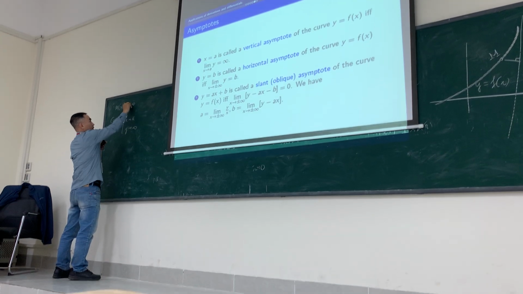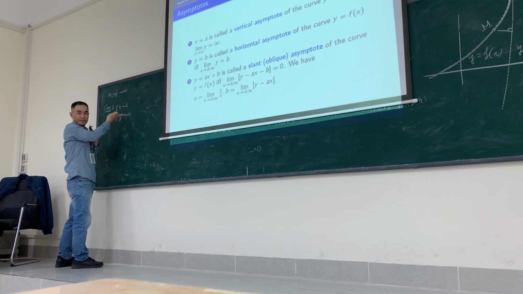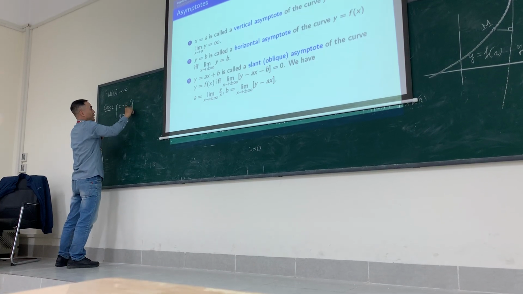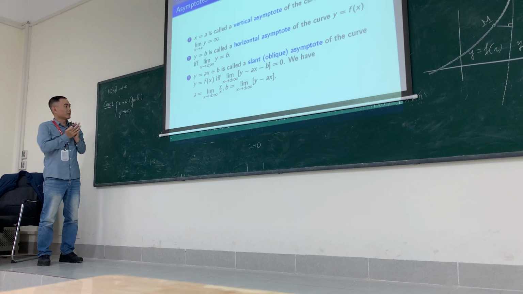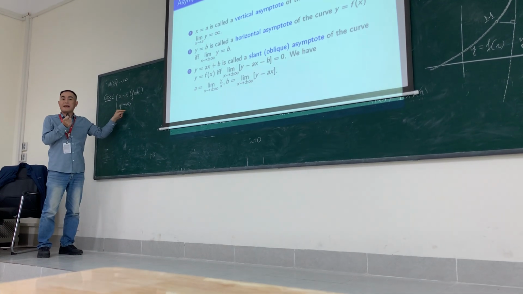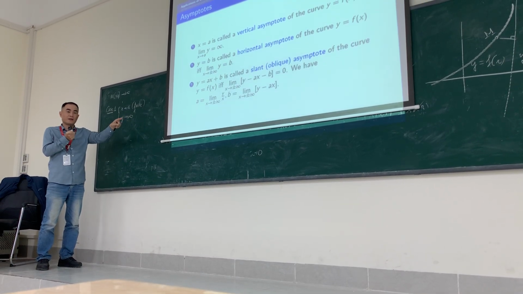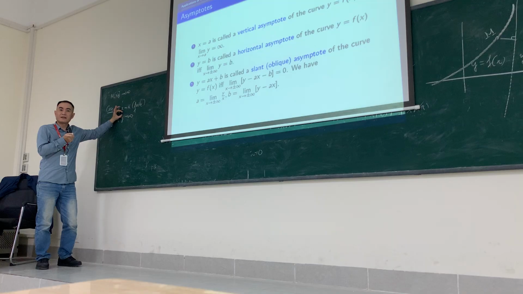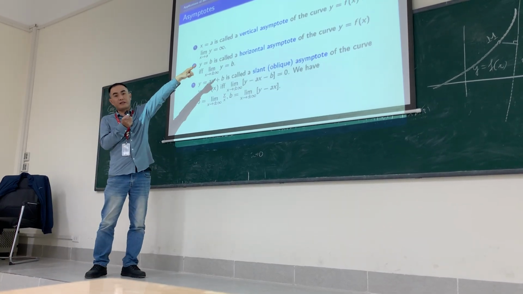Infinity here may be positive or negative. So in case 1, x tends to a, y tends to plus or minus infinity. We have the vertical asymptote.